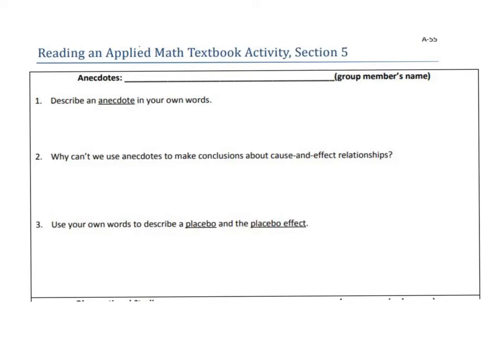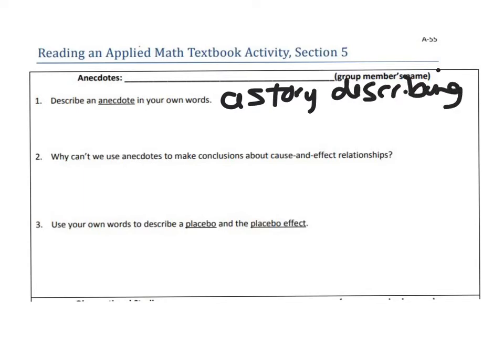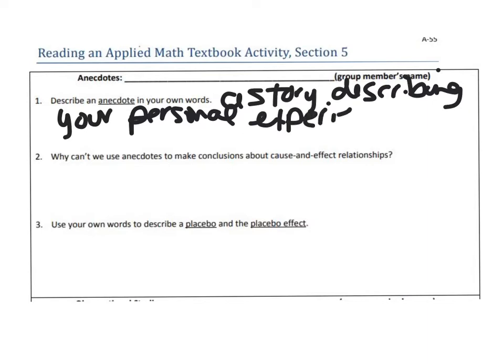So an anecdote is just a story describing your personal experience. And then it says, why can't we use anecdotes to make conclusions about cause and effect relationships? So these are basically standalone experiences.